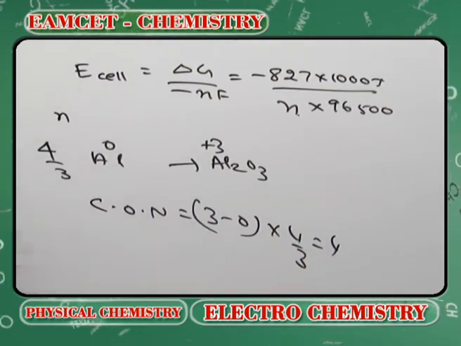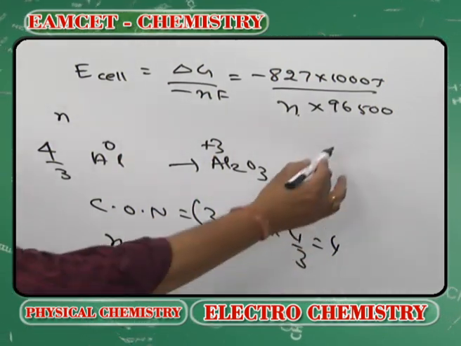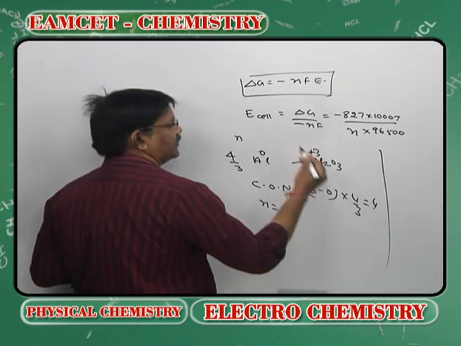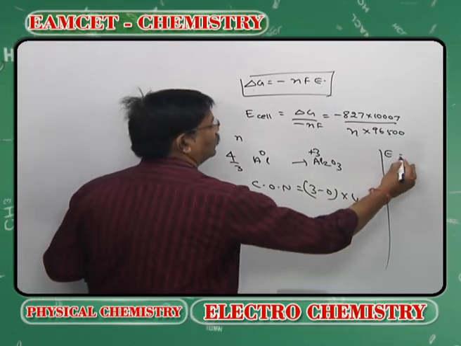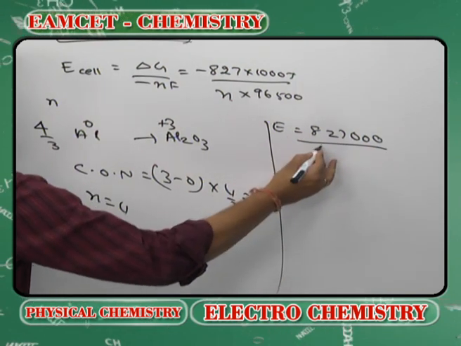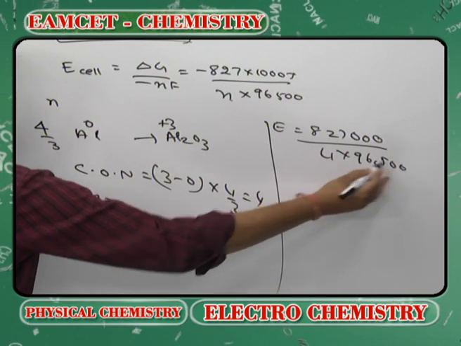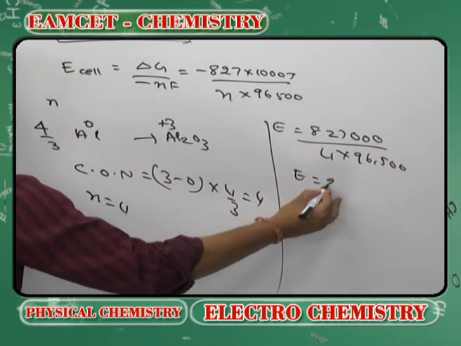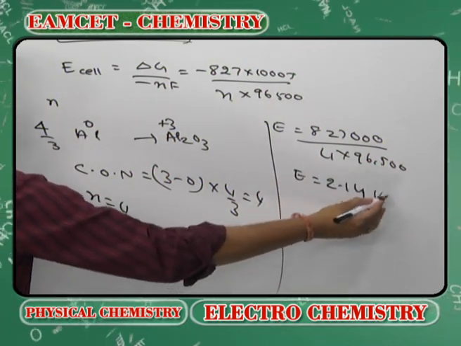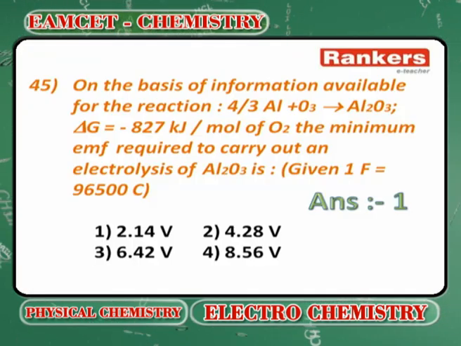Therefore the n value is equal to 4. Now substituting in the above expression, E will be equal to 827,000 by 4 into 96,500. E will be equal to 2.14 volts. Next question.